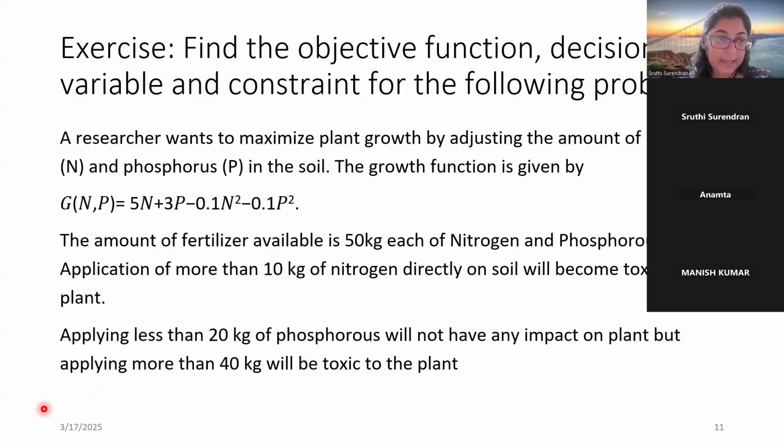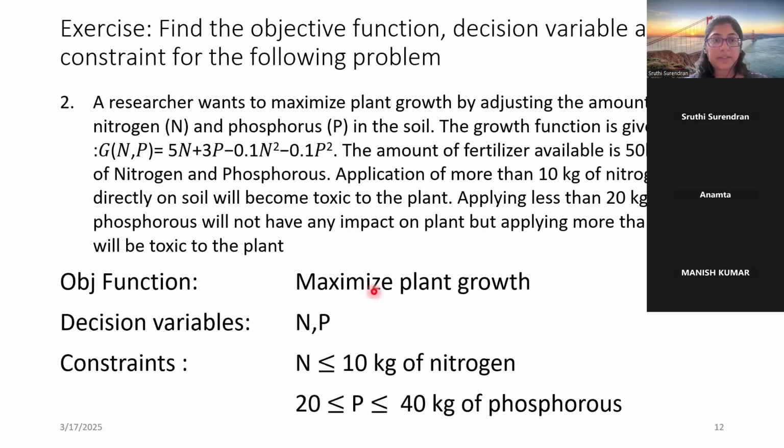So in that case, the constraints would be, again, objective function is maximizing plant growth. Decision variables are the nitrogen and phosphorus. Constraint would be N should be less than or equal to 10 kg. You cannot exceed 10 kg because it is going to be toxic.